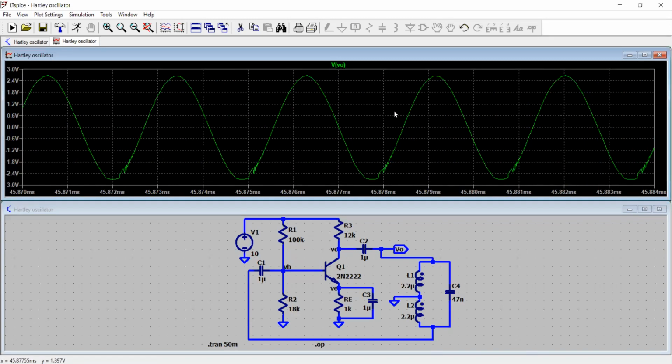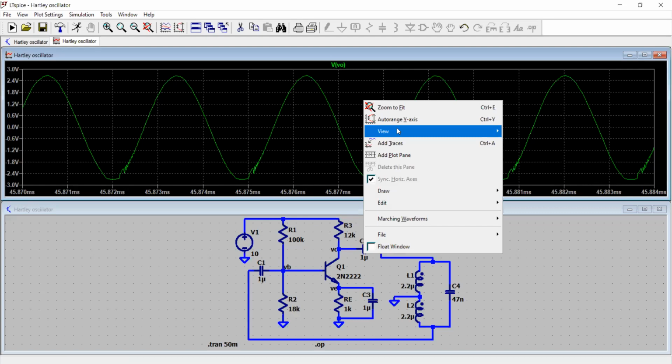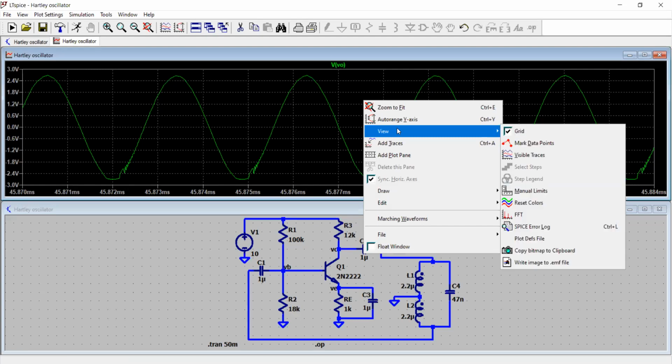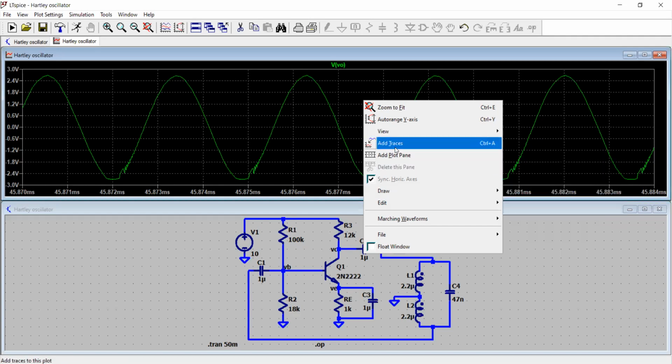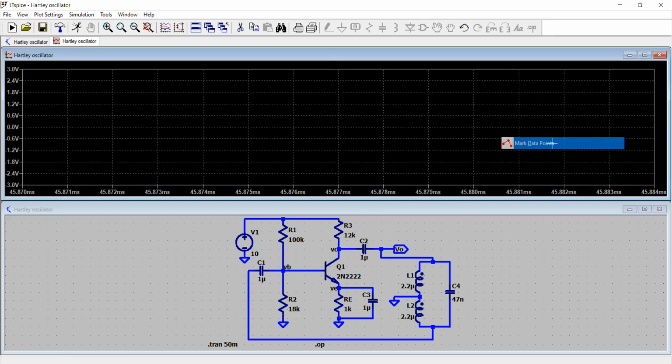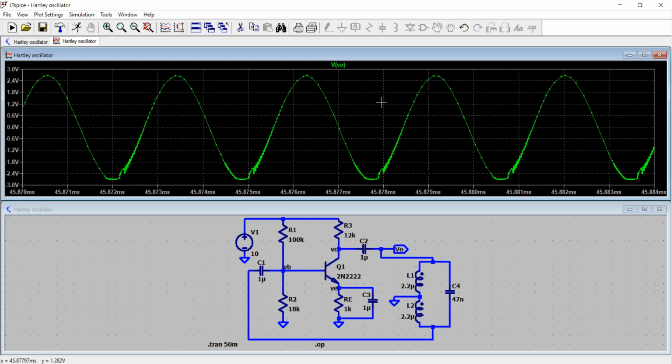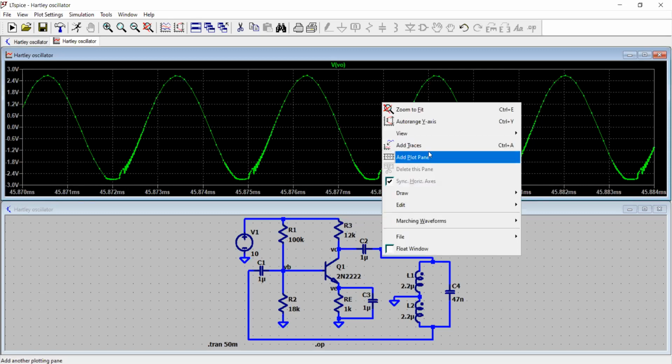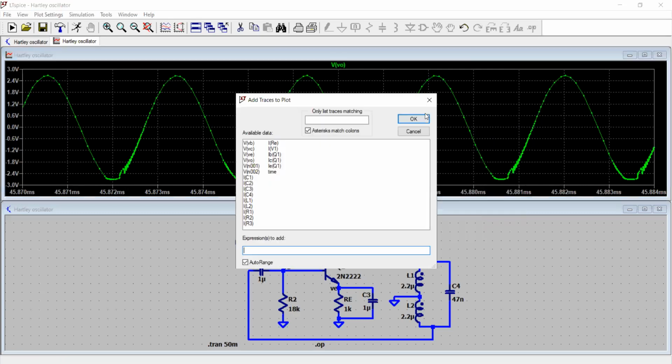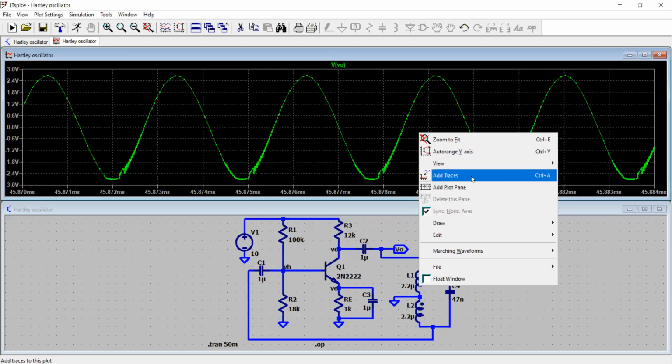So if you right click here and you view here and say that you want to put some marker, and then you mark the data points. Here you can plot different traces.